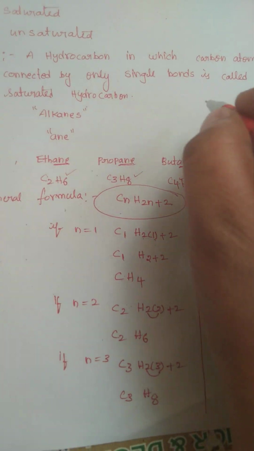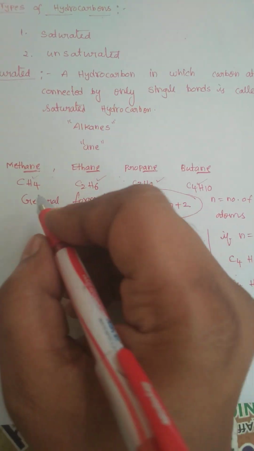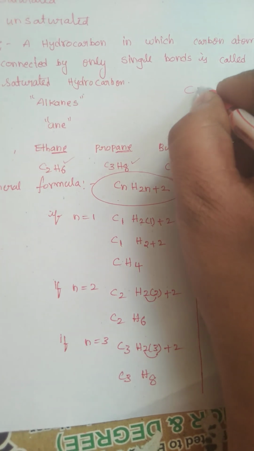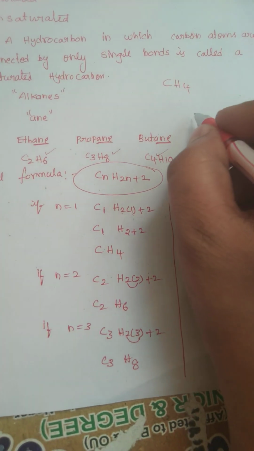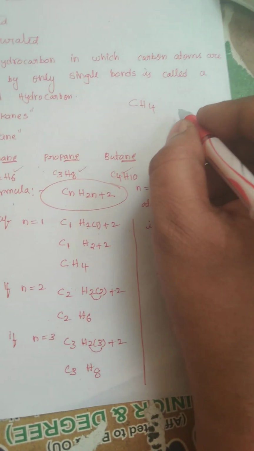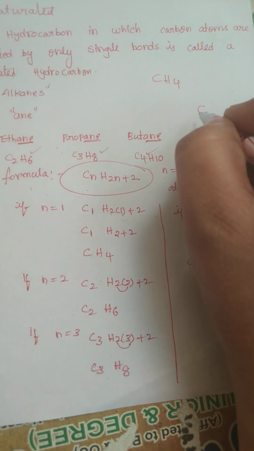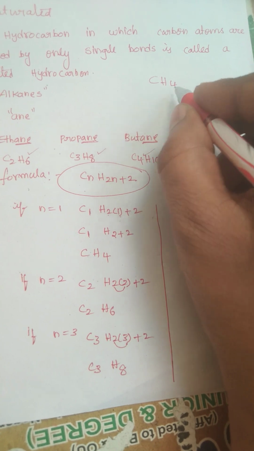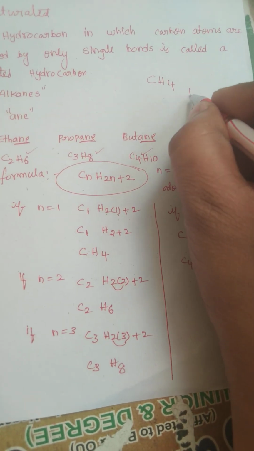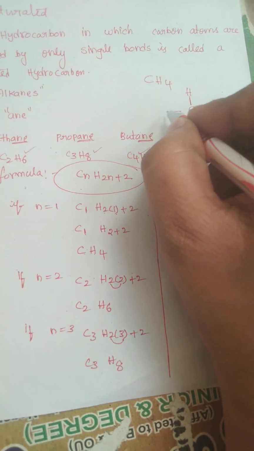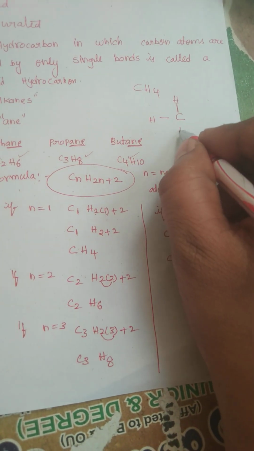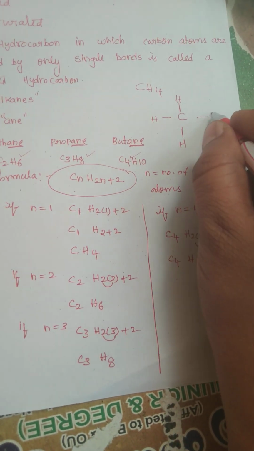Actually, what do you mean by single bond? Methane is CH4, so let us draw the structural formula of CH4. We have one carbon atom and four hydrogen atoms, 1, 2, 3, 4.